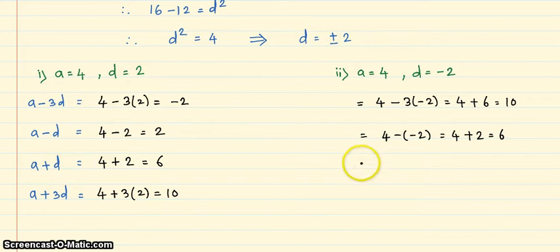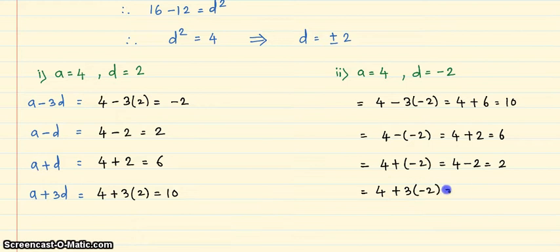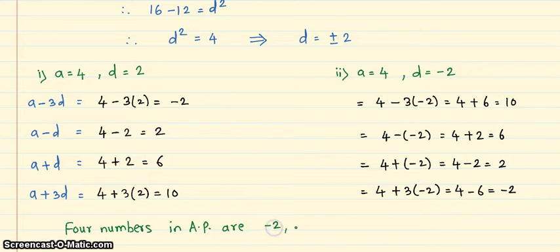Third is a plus d, 4 plus minus 2, which is 4 minus 2, equal to 2. A plus 3d, 4 plus 3 into minus 2, 4 minus 6, which is equal to minus 2. So therefore the four numbers in AP are minus 2, 2, 6 and 10.